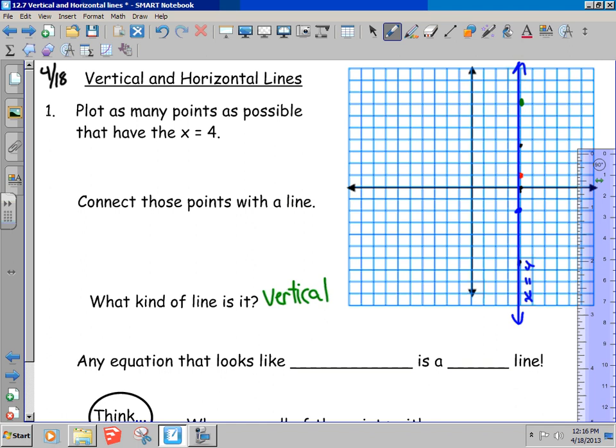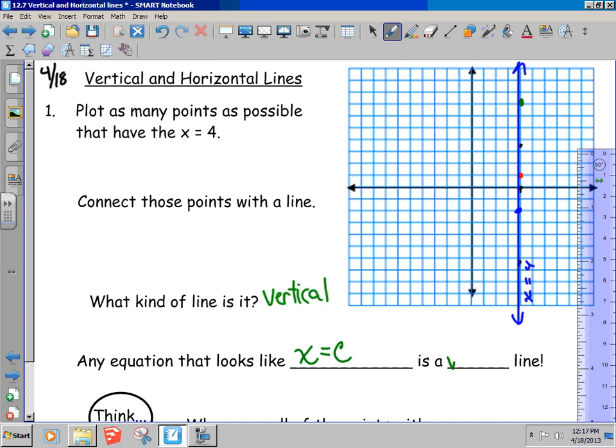Any equation that looks like x equal to any constant, any plain old number by itself, x equals c, is what kind of line, Ellie? Vertical line.